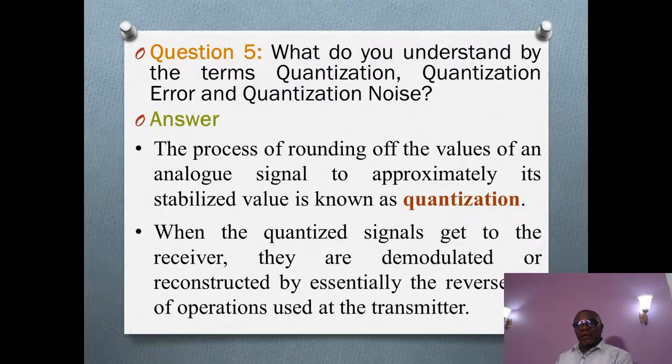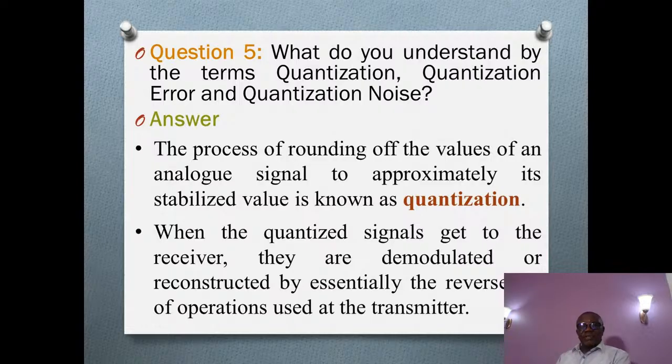Now the quantizer is quantizing the signal. And the question here is, what do we mean by that quantization? We say that the process of rounding off the values of an analog signal to approximately its stabilized value is known as quantization.